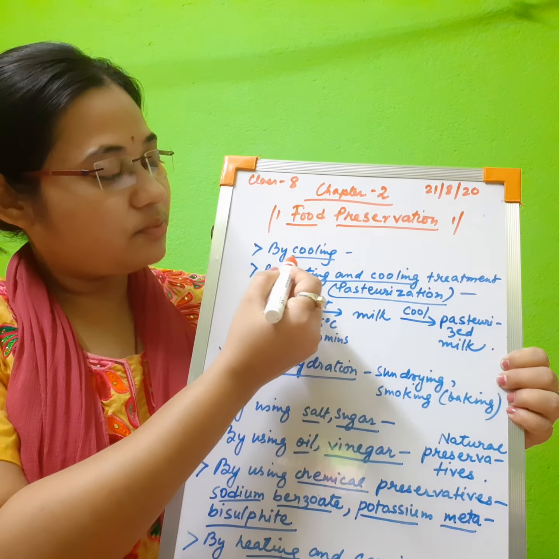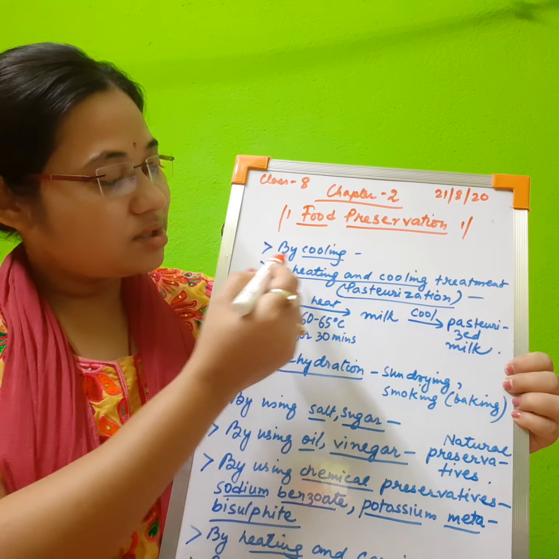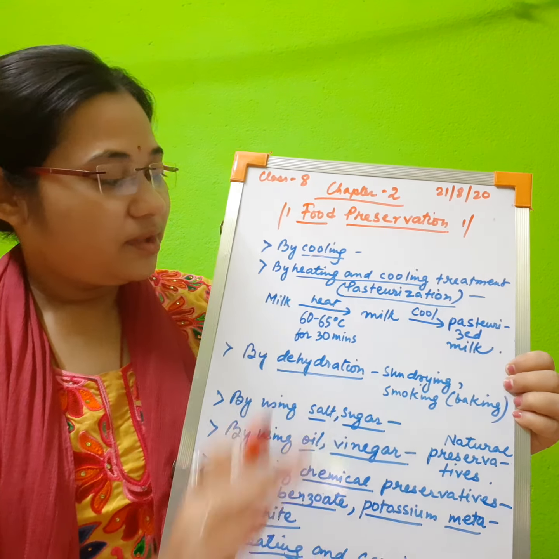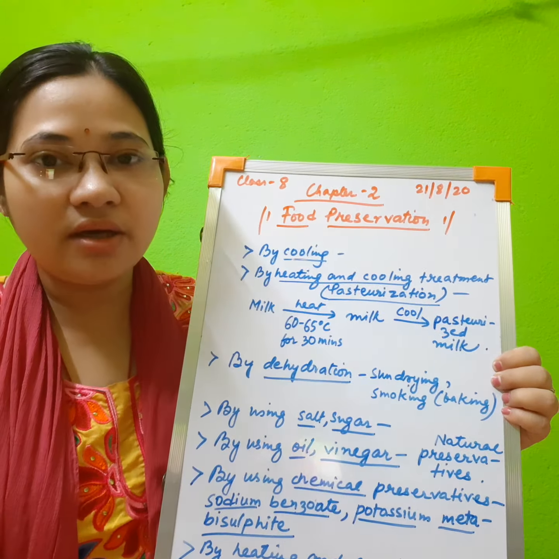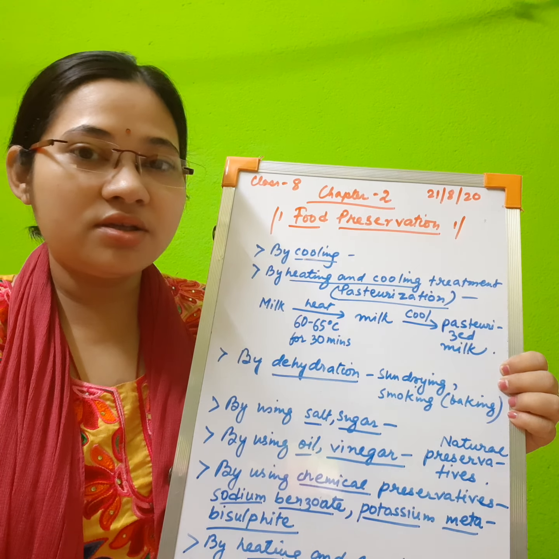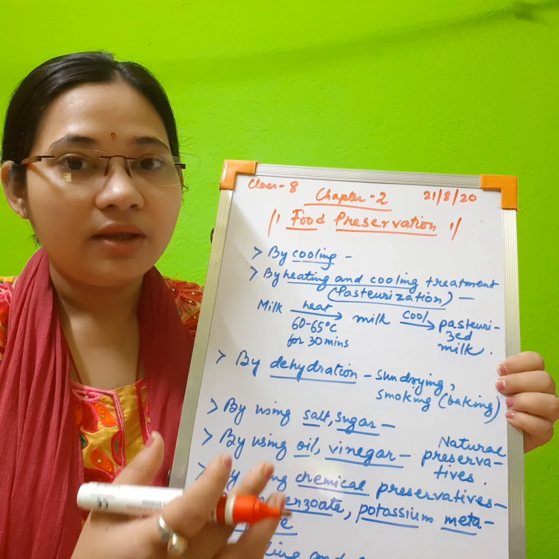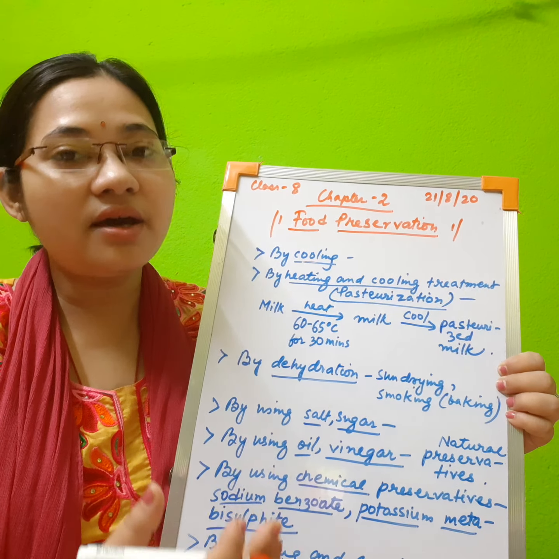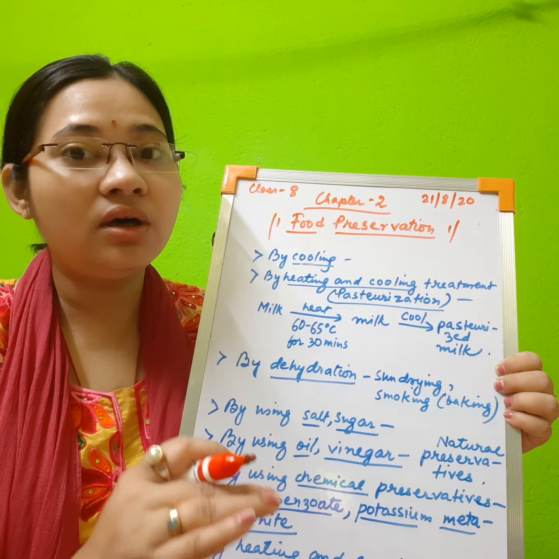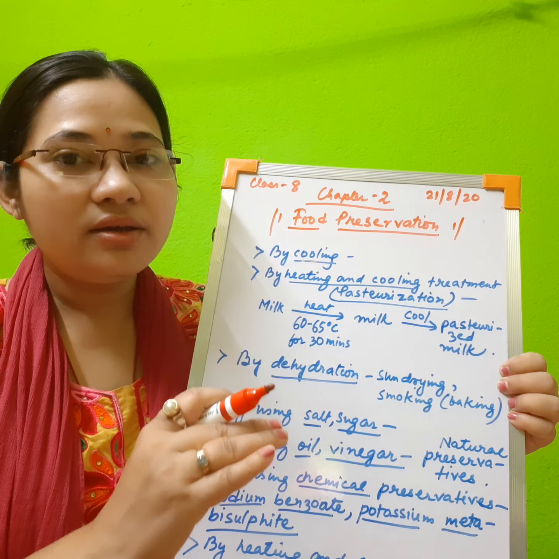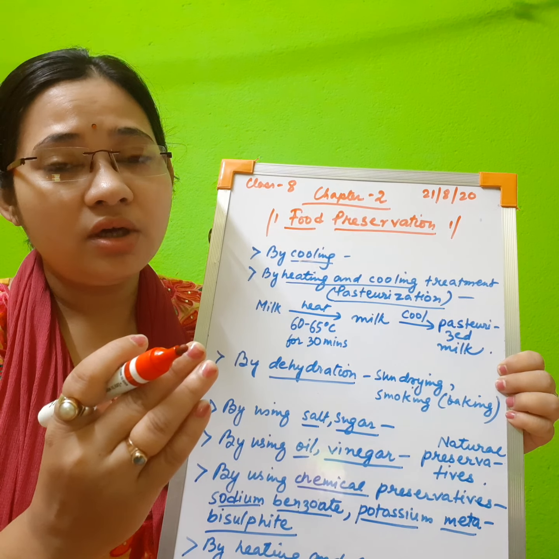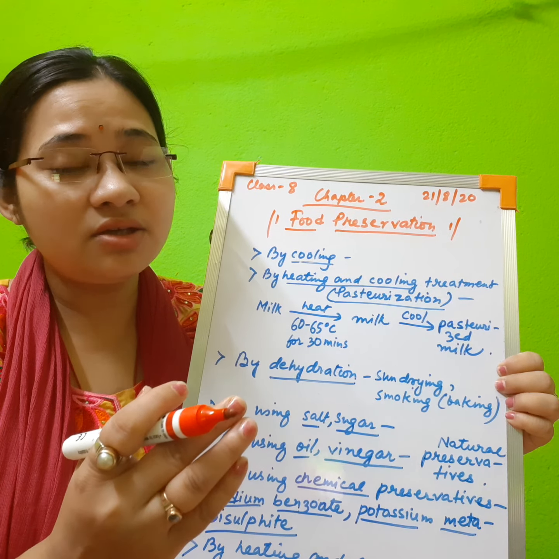Okay, so first we can preserve any type of food just by cooling. Cooling means just keeping them in a refrigerator or freezer, etc. For example, you have seen your mother keeping vegetables, meat, fish, milk inside the refrigerator or the deep freezer to prevent the growth of microorganisms, because when we are cooling them, the temperature goes to about 0 degree Celsius or even less than 0 degree Celsius.